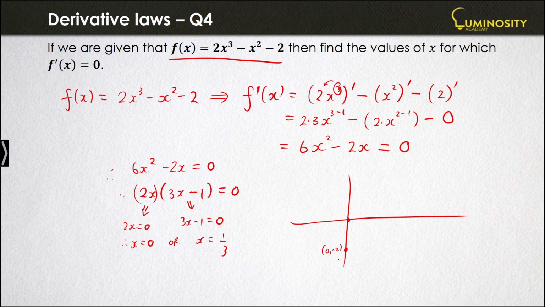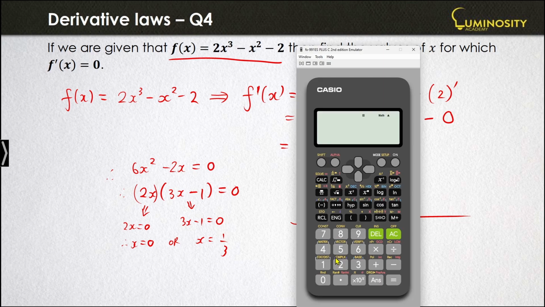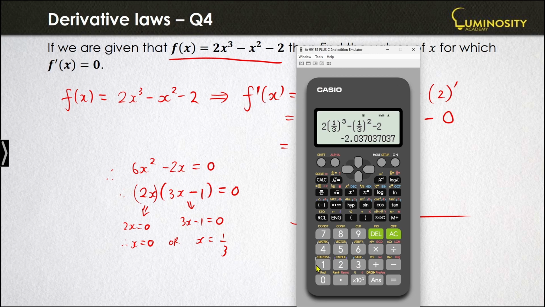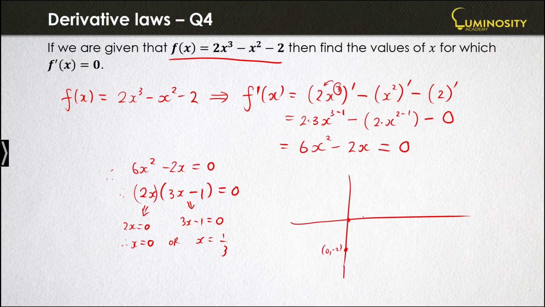And if I plug in 1/3 here, let's just see what that gives us, right? 2 times 1/3 cubed, minus 1/3 squared. So I'm just substituting these x values back into the original function, and I get negative, let's say negative 2.04 if I approximate. All right, let's just check. Yeah. Okay, so that's at x equals 1/3, which is here, and then that's going to be here.